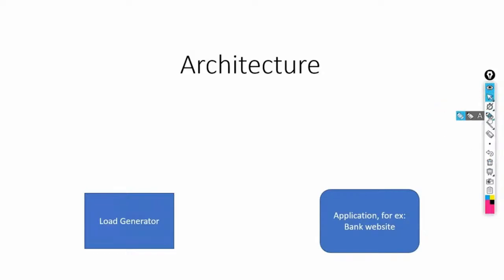Now, when you have users ready, what is next? Take the banking application only. Now, you have to do performance testing for some of the important scenarios of this banking application.